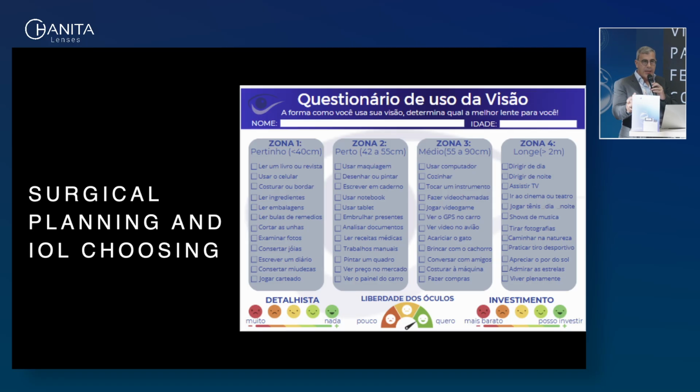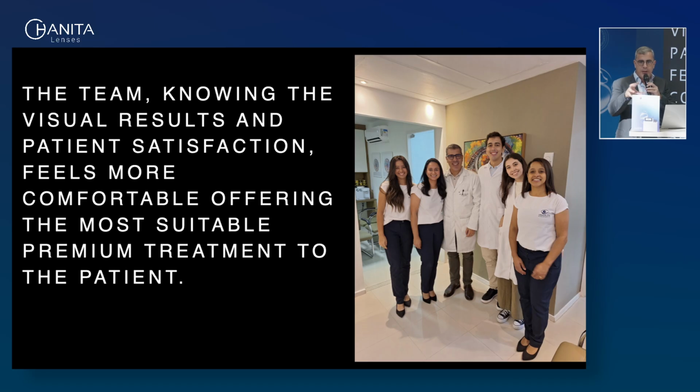And by engaging my team in doing this defocus curve, my team gets to know the patient satisfaction and the quality of the lens, and they are more prone to engage with IOL indication, because it's very expensive in Brazil. So all the team has to believe in the lens quality.